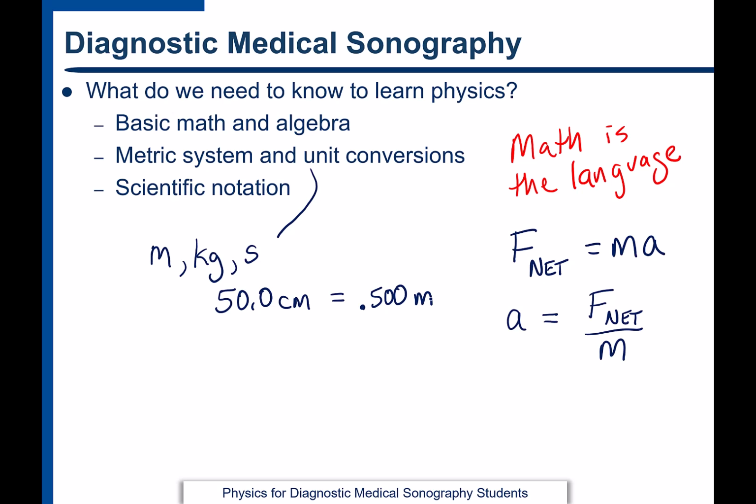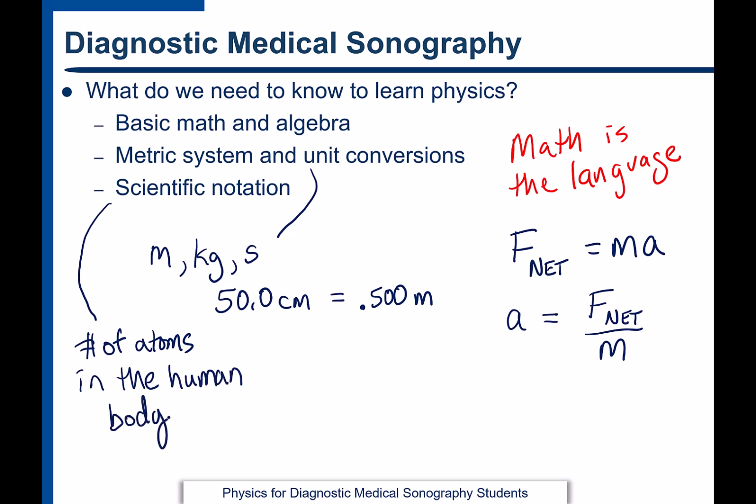Finally, we also need to be comfortable with scientific notation, because when we're working with the human body, we're often working with very big or very small numbers. Just as an example of that, the number of atoms in the human body is amazingly large.